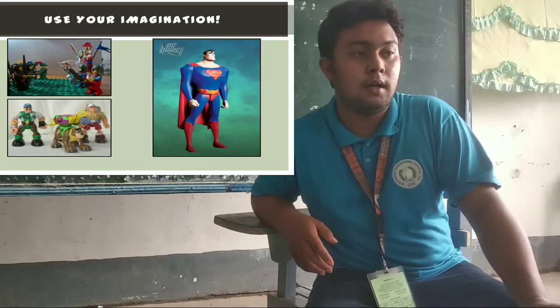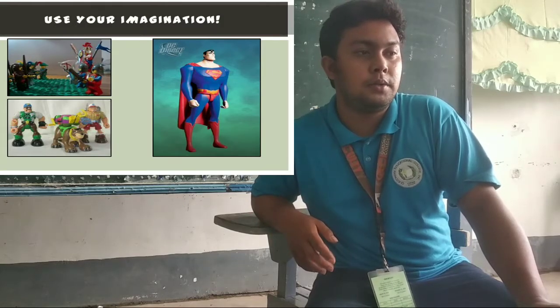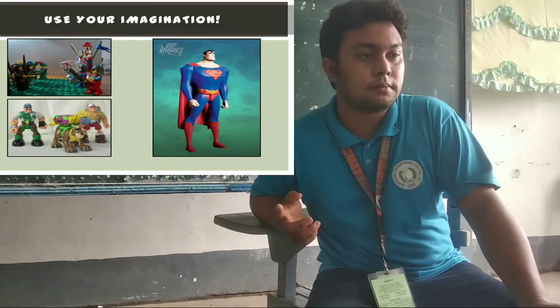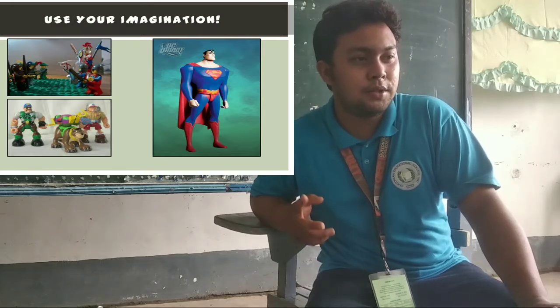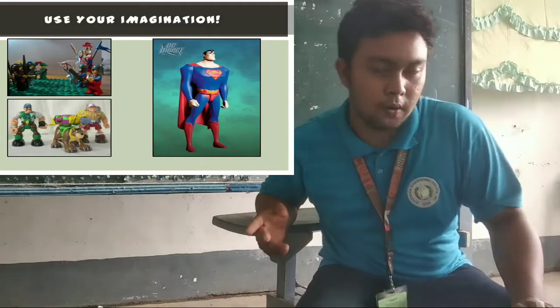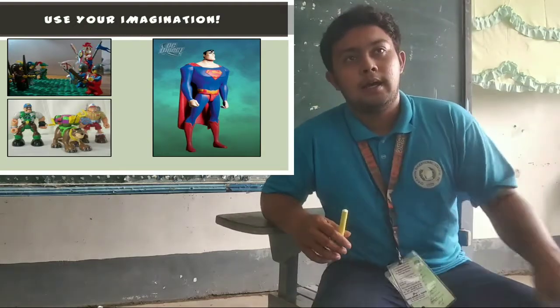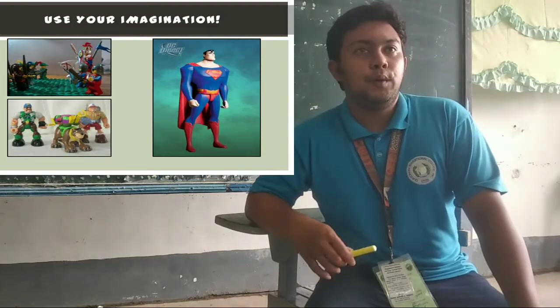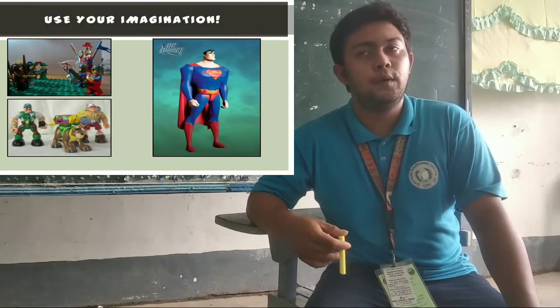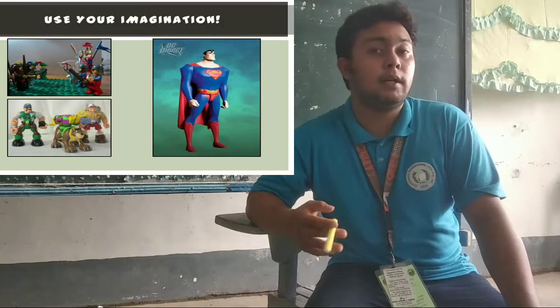Superman, who's this? I do not know these two cartoon movies. I think the Lego movie. I do not know if you have watched this kind of movies, but I'm sure if you watch this, you will be familiar with animation.